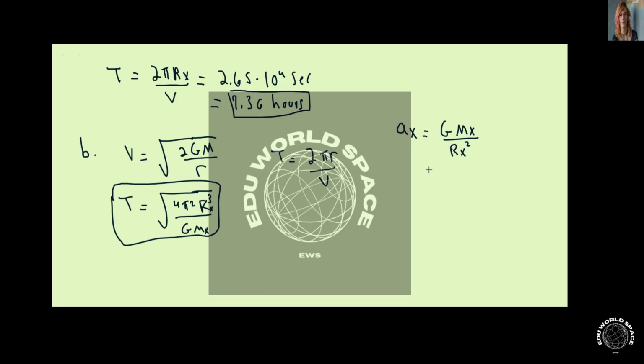And so we know r_x, we know G, so we solve for m_x as just a_x r_x squared over G, and that should come to be 2.05 times 10 to the 25th kilograms. And so now finally, using our value of r from the previous page, and the value of m we just found, we get that this period is going to be 8.90 times 10 to the third seconds. And so that comes to be about 2.47 hours.